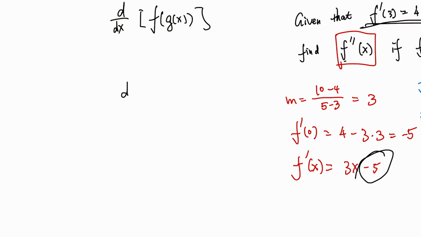So basically df over dx is written this way, so that is the same as d over dx of f of x. Of course, that is also the same as f prime of x.